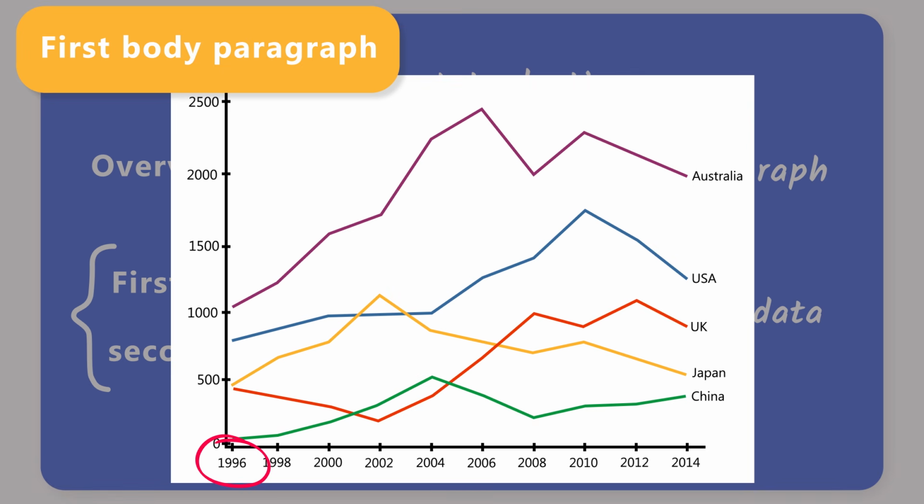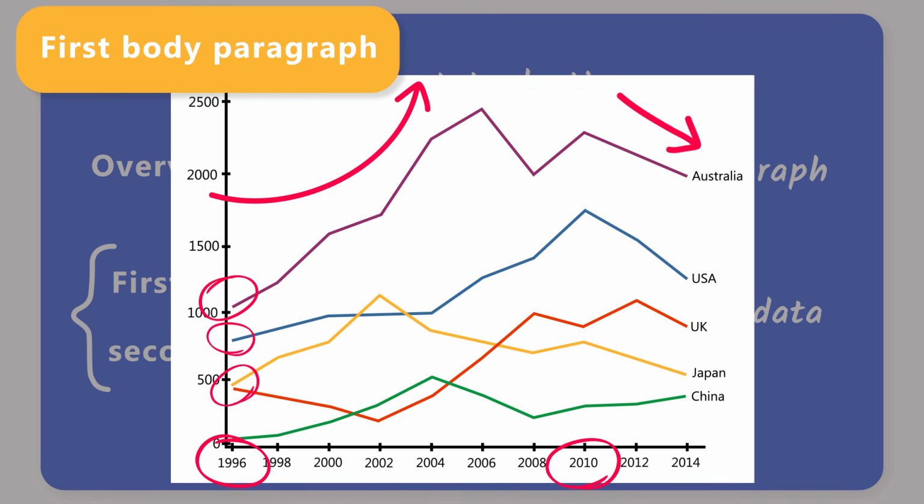In the first body paragraph, we write about the beginning of each one. And also, as you can see, in the 18-year period, most countries experienced an increase up to, for example, 2010. And after that, there was a decline for most of the countries, except for China. So I'm going to write this.